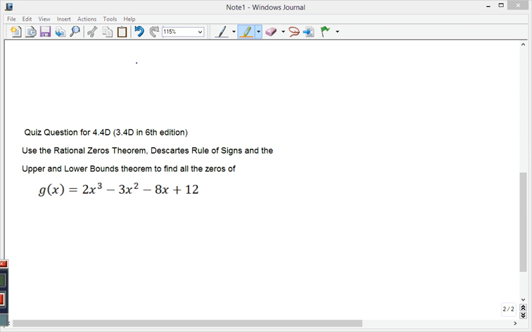Then you can take the quadratic and you can just factor it or plug it into the quadratic formula to get the other 2. I want you to find the zeros. There should be 3 of them. And then go to Canvas and list those in the quiz question for 4.4D. And that would be the second question.